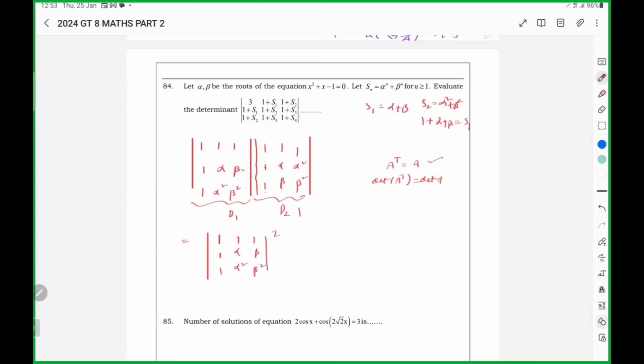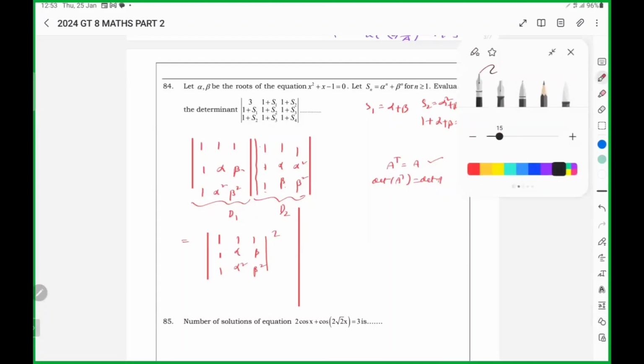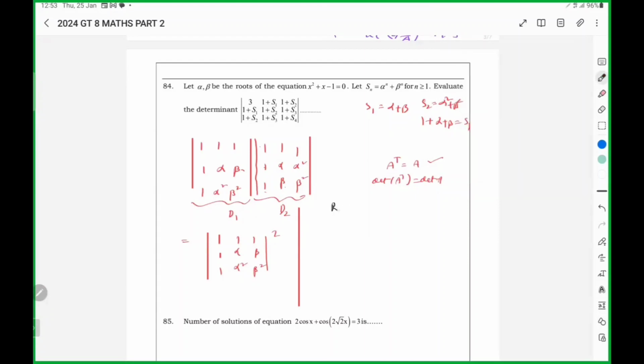So applying row operations, R2 is replaced by R2 minus R1, R3 replaced by R3 minus R2. We get here 0, alpha minus 1, alpha square minus 1, beta square minus 1, which I can write.